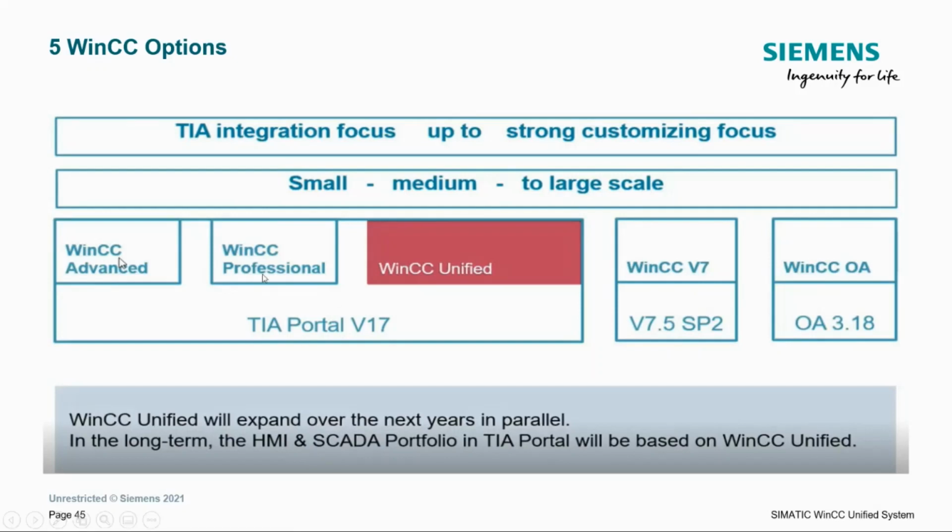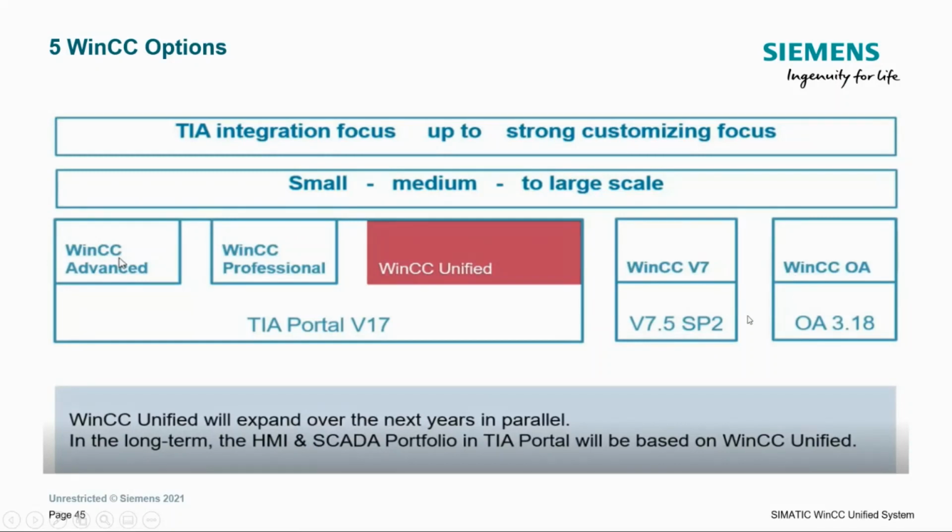Then WinCC Professional, which is actually more of a small SCADA system. And then Unified is sitting right in the middle, from medium small up to semi-large right now. Then WinCC V7, which is V7.5 Service Pack 2, and then WinCC OA is at 3.18.